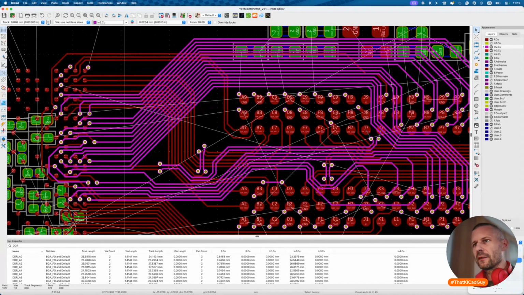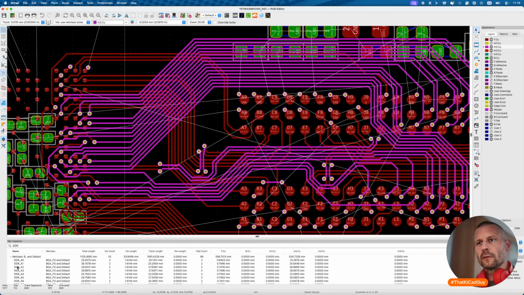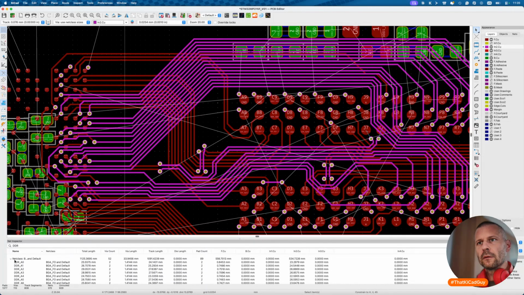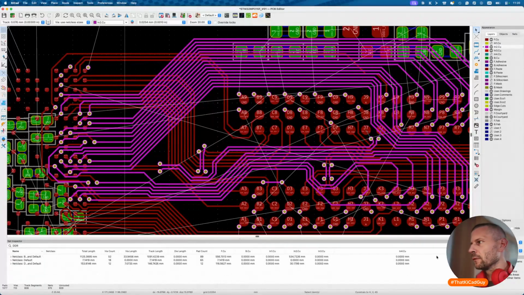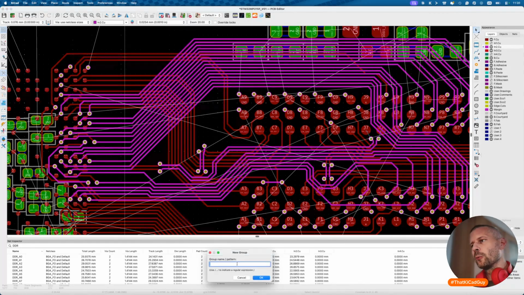Group by net class. No, it doesn't help. Group name pattern.